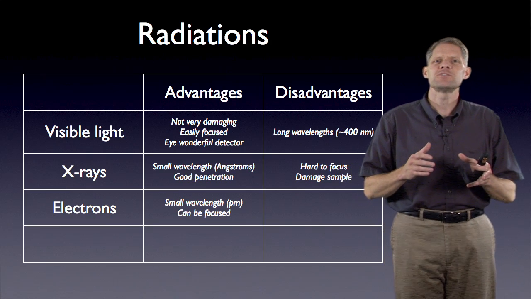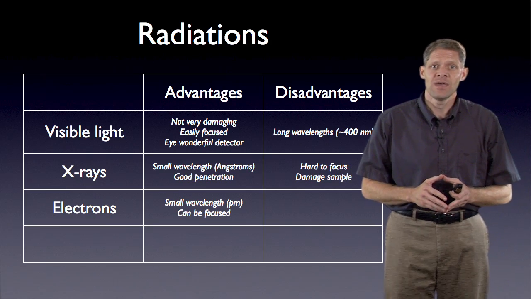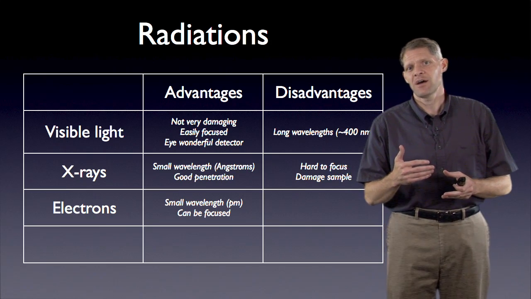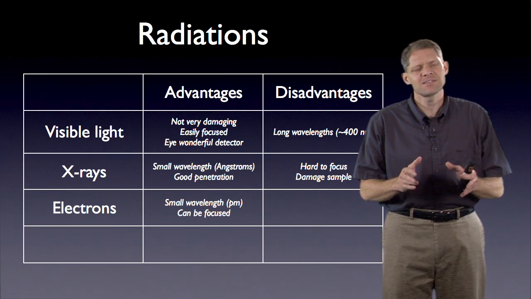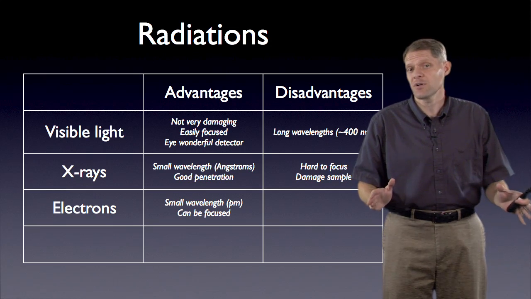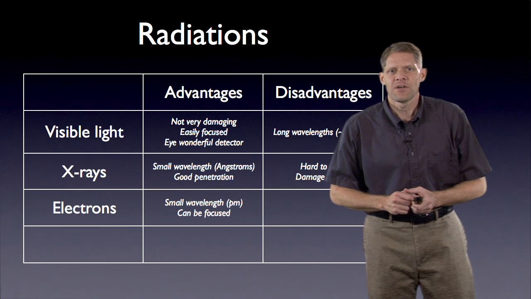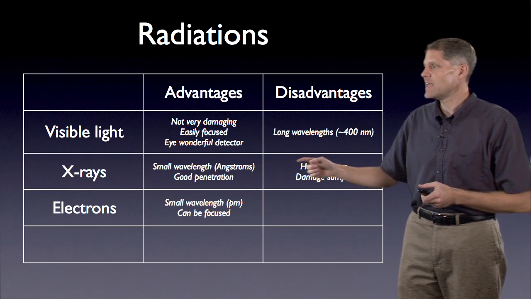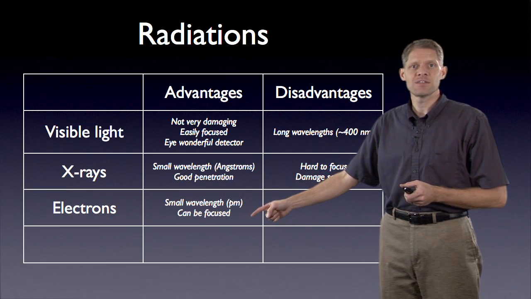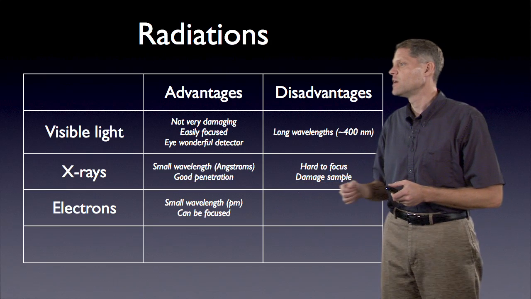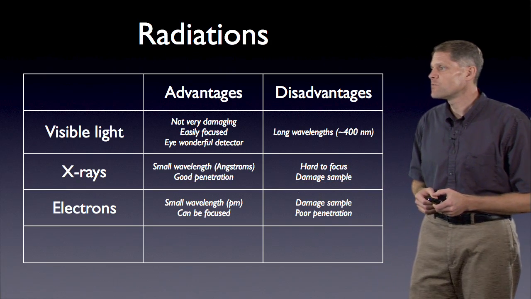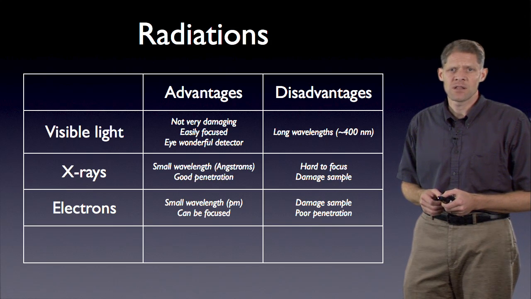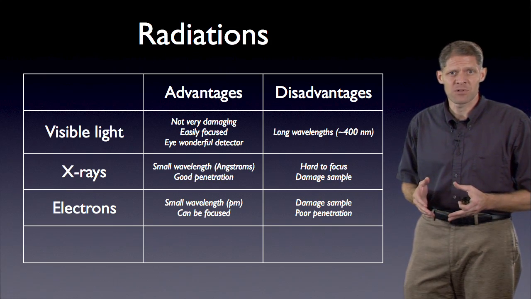And so one of the great strengths of electron microscopy is that the wavelength of the radiation being used is exceedingly small. It's not the limiting factor, even close to the limiting factor. Now, the other advantage of electrons is that they can be focused, and we'll talk in some detail about how to focus electrons. But there are also strong disadvantages. First of all, like X-rays, electrons damage the sample terribly.